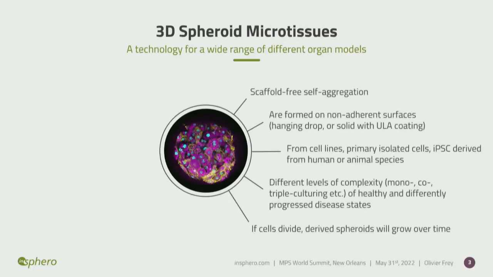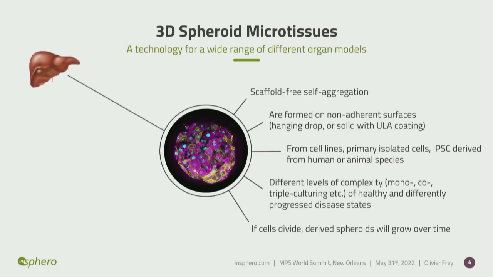These are cell aggregates of different complexities, from different cells of origin, that are formed mainly on non-adherent surfaces like ULA plates, hanging drops, or the plates that we provide ourselves. They can be of different complexities depending on how many cells you integrate and how you drive them into specific disease models.